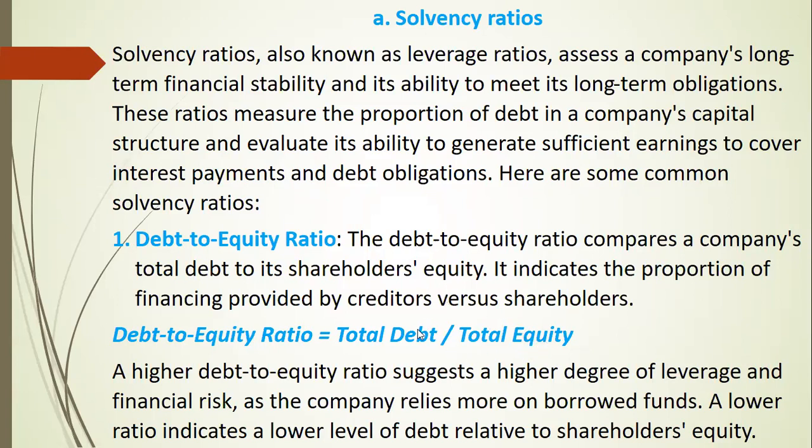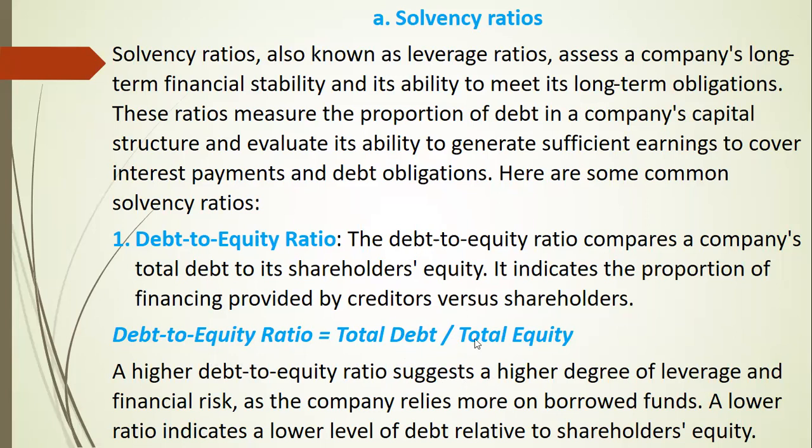So if you have a higher debt to equity ratio, for example, let's say our debt to equity ratio is 2. It means our debt is twice our total equity. So it means we rely more on borrowed funds, and relying more on borrowed funds means the debt must be paid back.